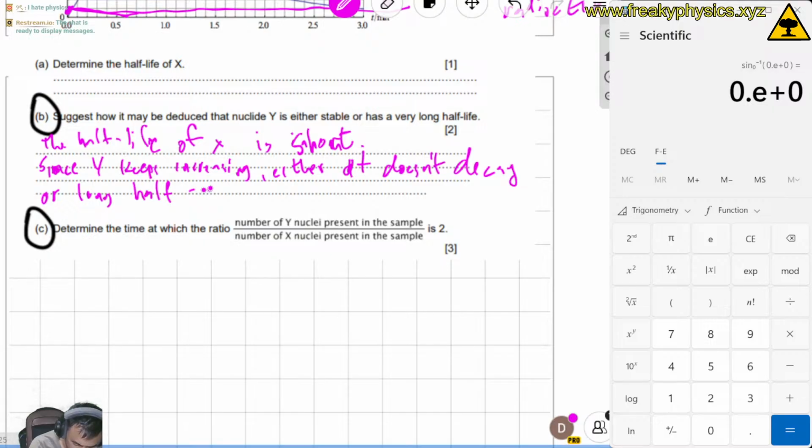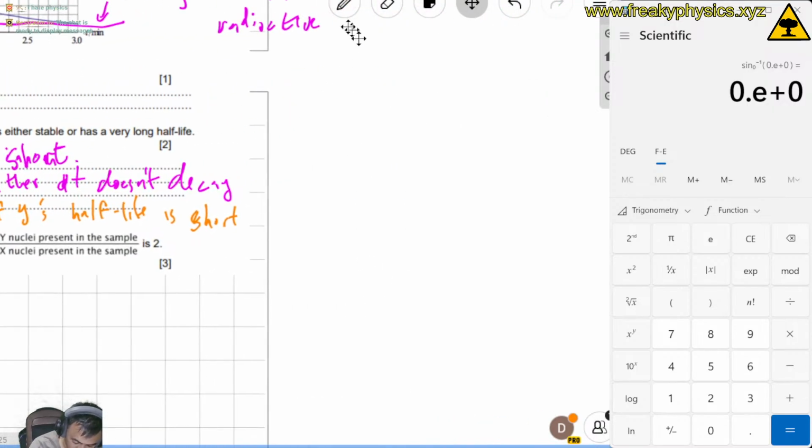I'll just write it here with another color. If Y's half-life is short, the graph should show a decaying graph as well.